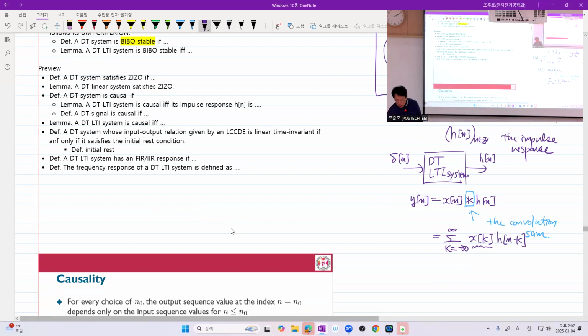By changing the variable, you may rewrite this one as the summation of h of L times x of n minus L. I have intentionally changed the summation variable to L. You can do that, not difficult. Now, this says the output is a delayed weighted sum of the input.